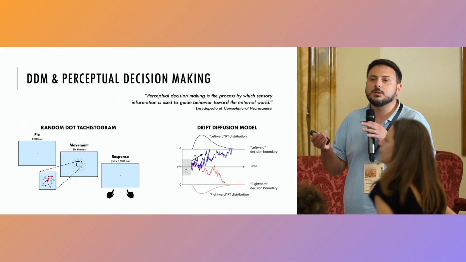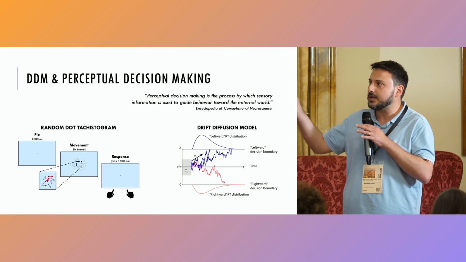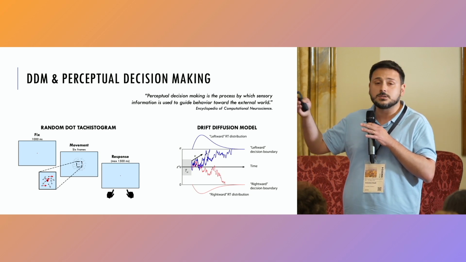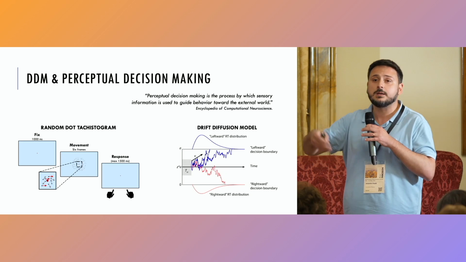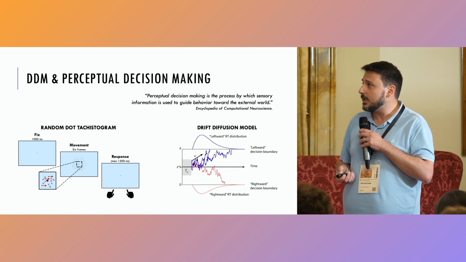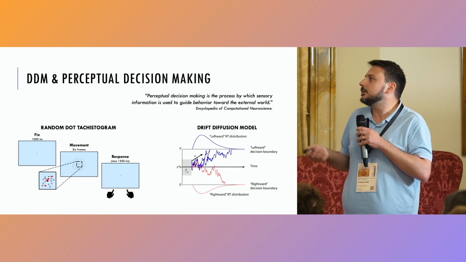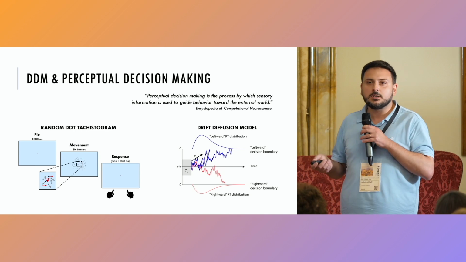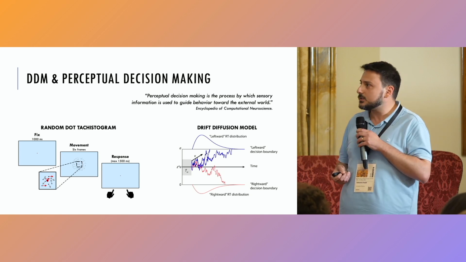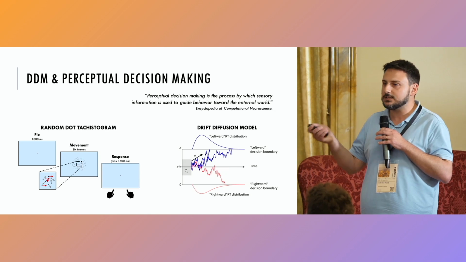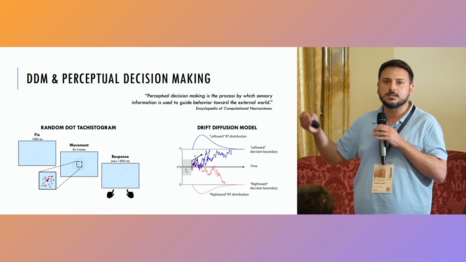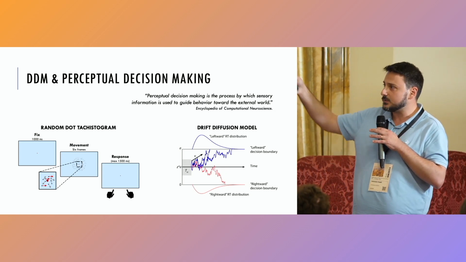They have to respond to the leftward or rightward direction of dots moving coherently toward the right or toward the left within a background noise. And I think the drift diffusion model, or the diffusion models, are one of the most common frameworks for analyzing this kind of data, so for analyzing the choices and the response times.